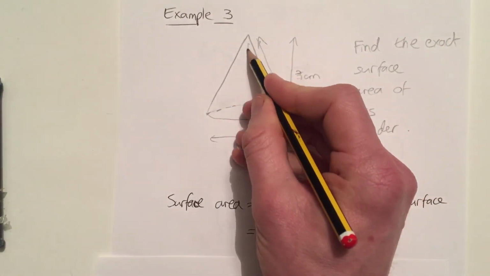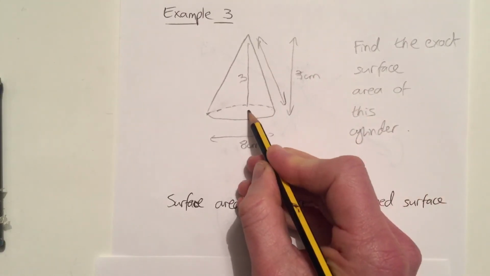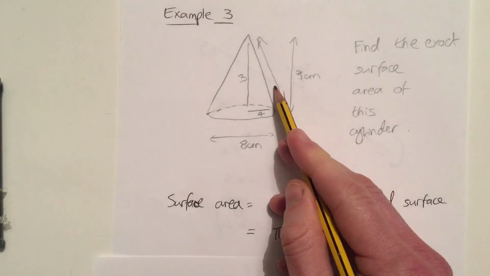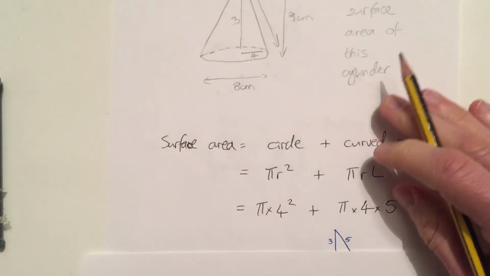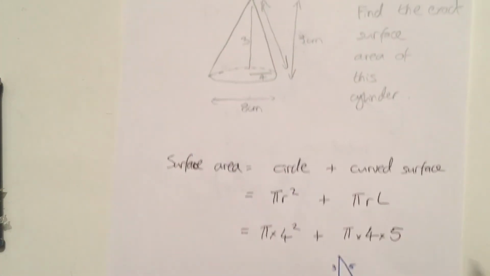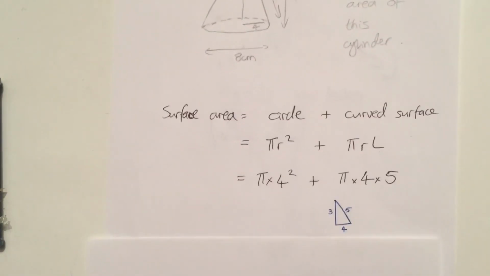But if I know that this height here is 3, and I know that this is 4, hopefully you can work out what that's going to be. It's going to be 5, because we've got a 3, 4, 5 right-angled triangle here. Basically, I've just done 3 squared plus 4 squared, square rooted, to get the 5.